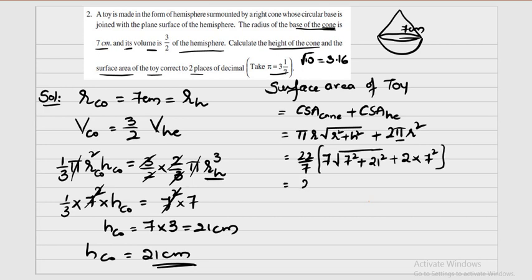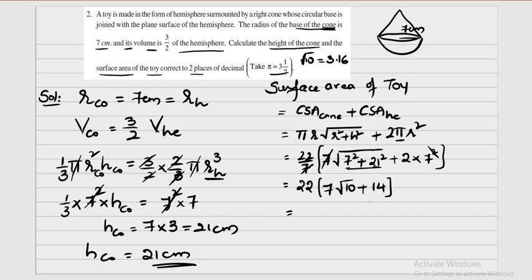Now from this, from both the terms, this 7 here, this 7 here, and this 7 here, I can cancel it out. From this what I am going to get: 22 into, what is this value, 21 square is 441, 441 plus 49 is 490. 490 I can write as 7 root 10, plus 2 7s are 14.